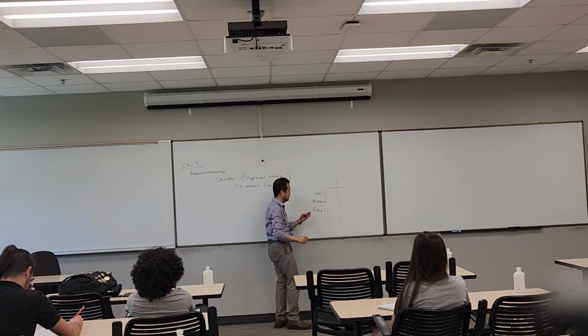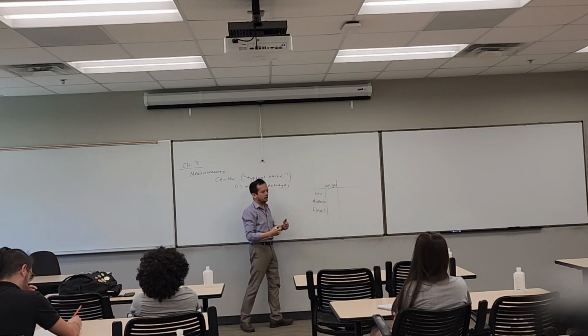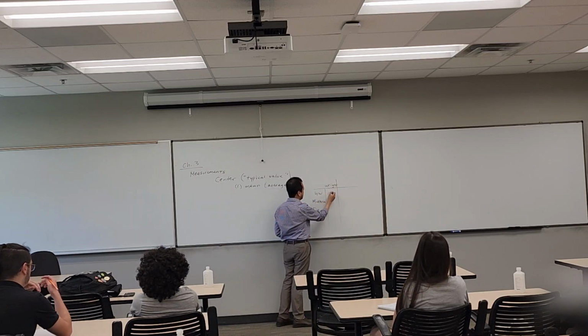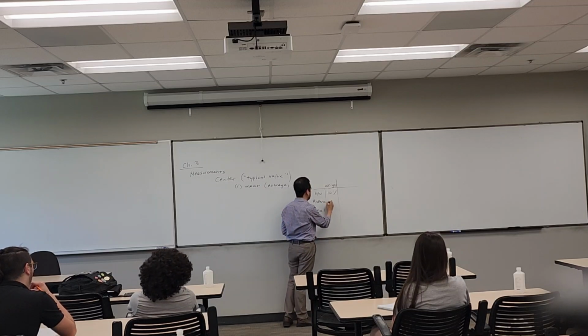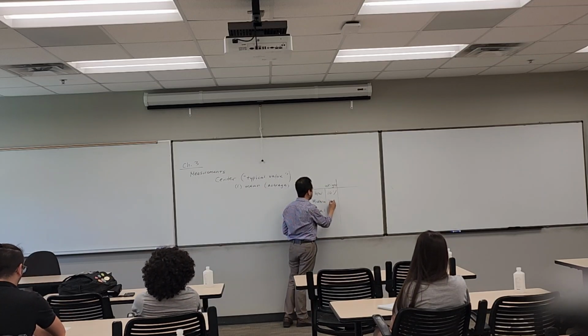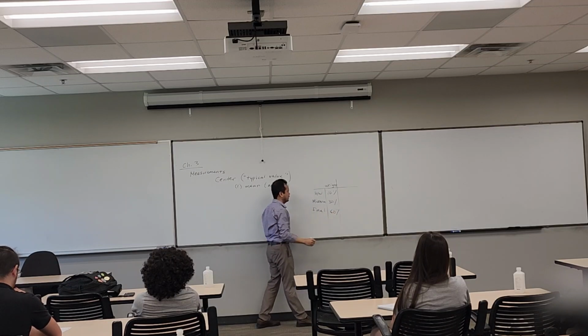This is not for this class, but let's say that the homework has a certain weight associated with it. Let's say homework is weighted 10%, and the midterm, let's say, is 30%, and let's say the final exam is 60%.